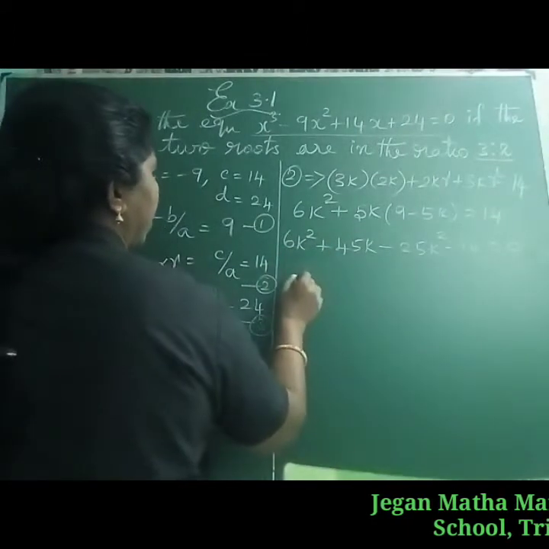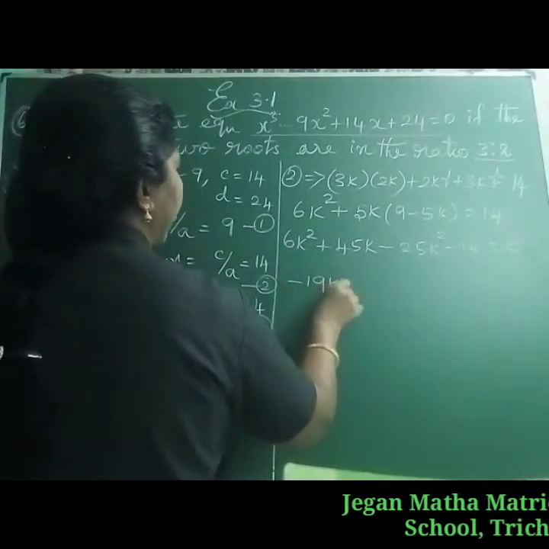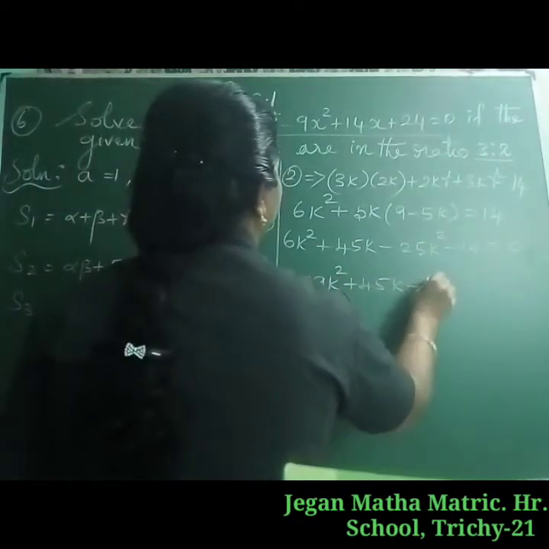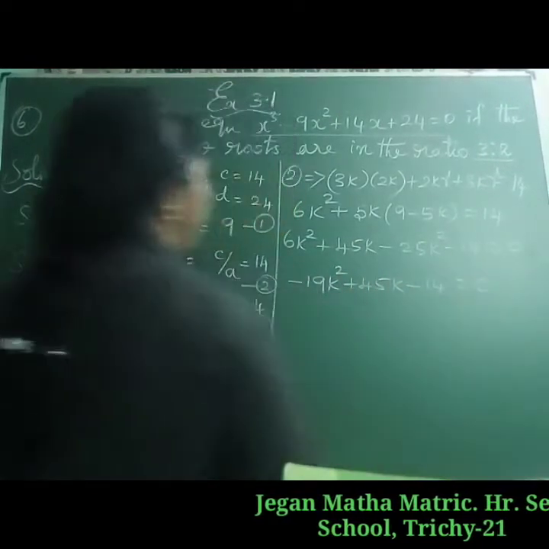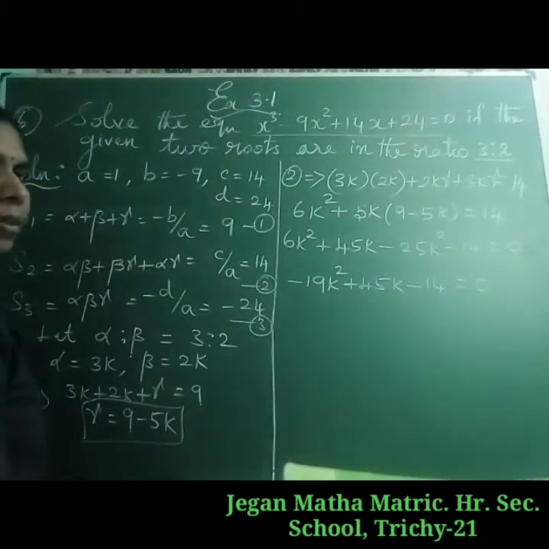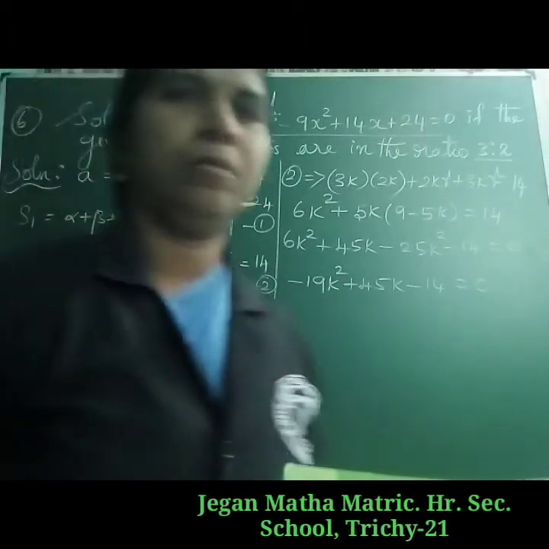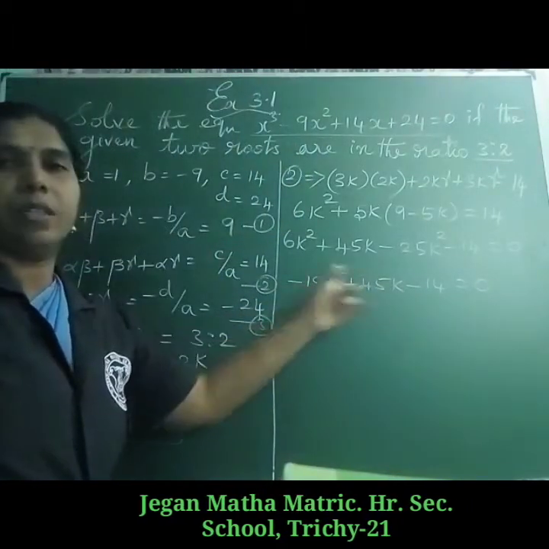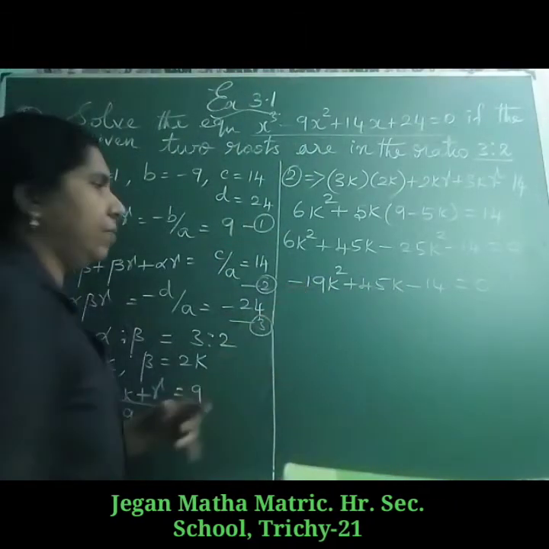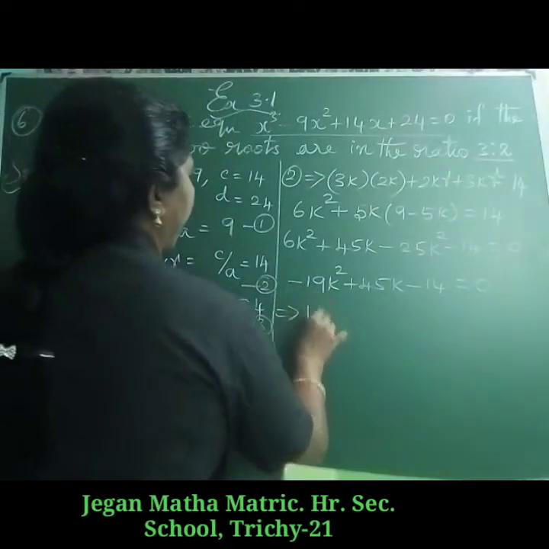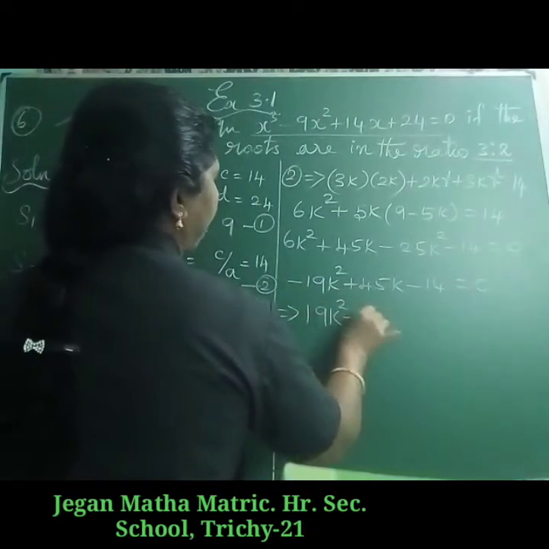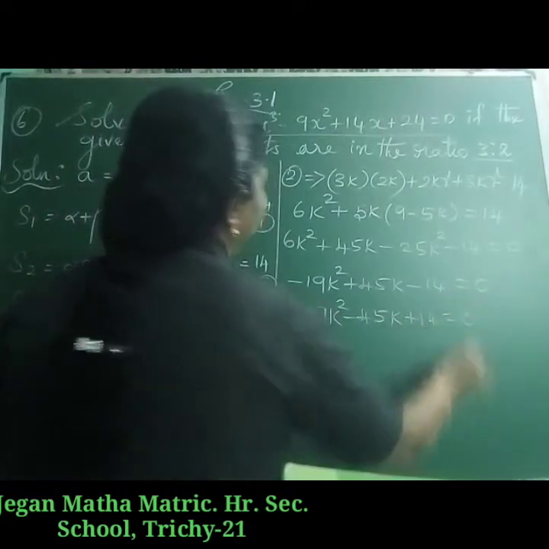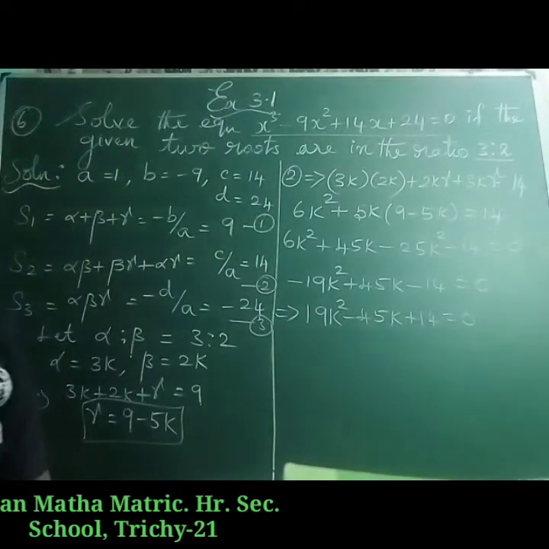That is 6k square minus 25k square, so minus 19k square plus 45k minus 14 equal to 0. Now if you divide throughout by minus sign, we will get the equation as 19k square minus 45k plus 14 equal to 0. This is one quadratic equation.